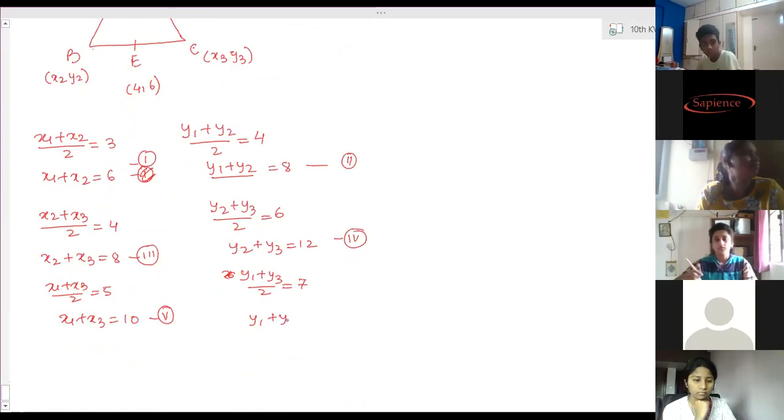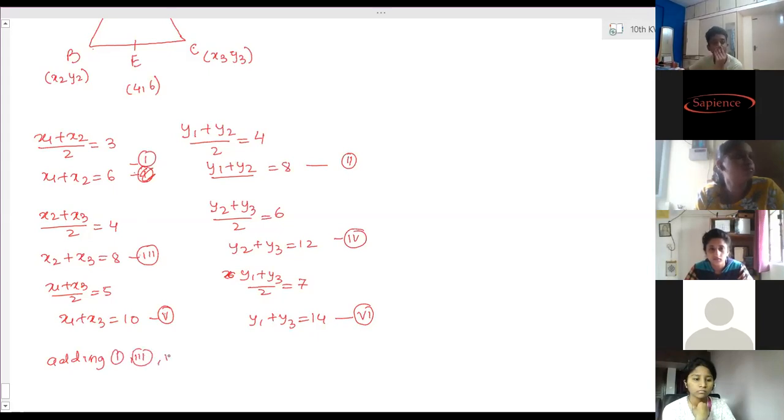And y1 + y3 is equal to 14; that is the sixth one. Now add 1, 3 and 5. We get x1 + x2 + x2 + x3 + x1 + x3, so all three terms appear 2 times.